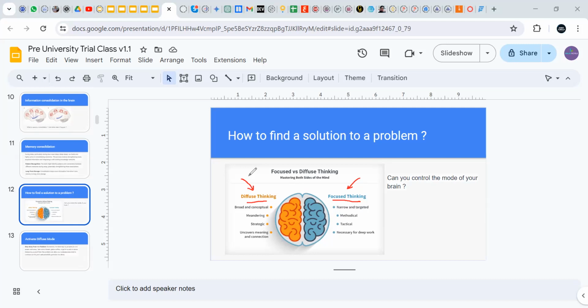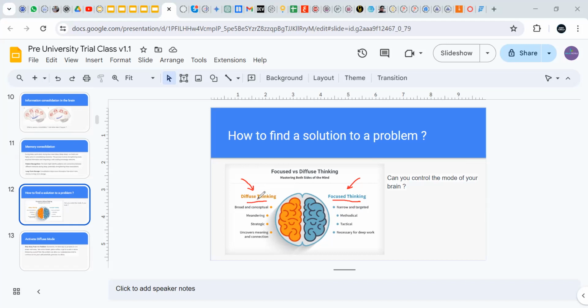Okay, so one of the things that can help you activate the diffuse mode is to put your brain in a relaxed mode. If you take a shower, not thinking about anything, just enjoying the moment under the shower, you are putting your brain in diffuse mode.